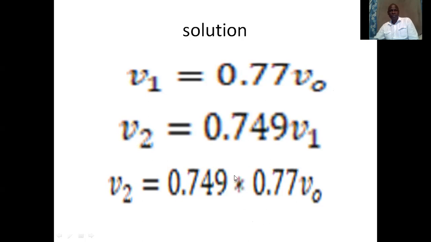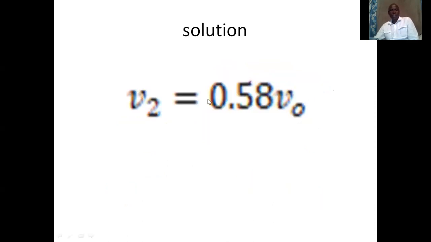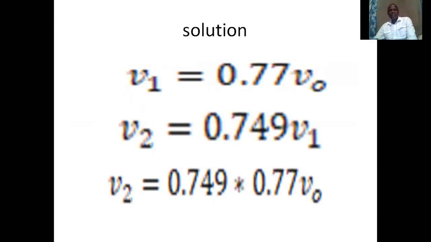So we can substitute it here, and then you can find the value of velocity number 2, which is 0.580. And so this is the part of the question that I thought we would discuss in order for us to develop concepts under linear momentum. I thank you.